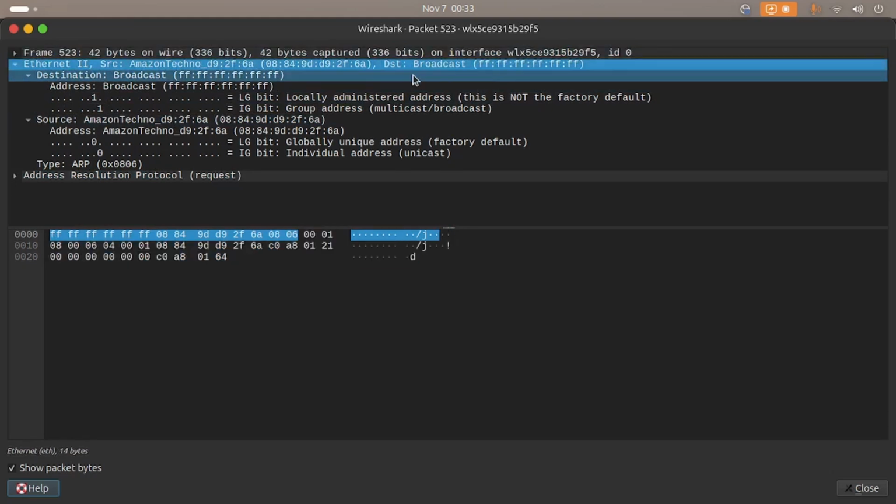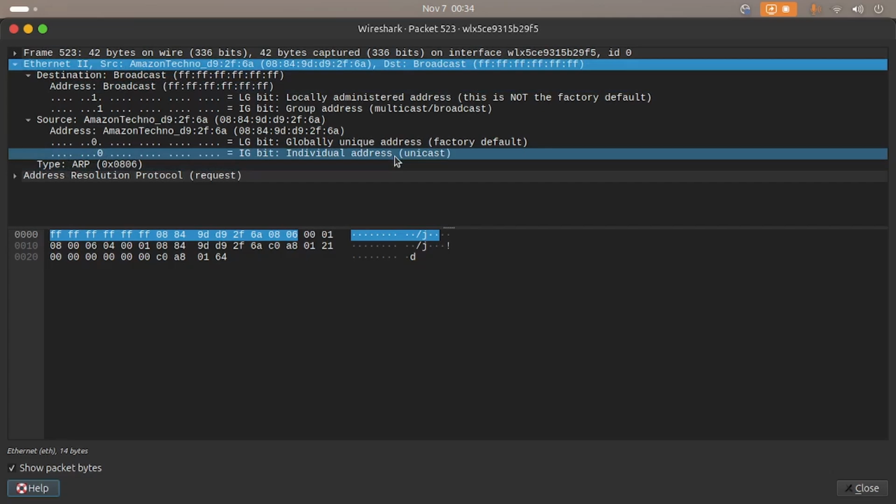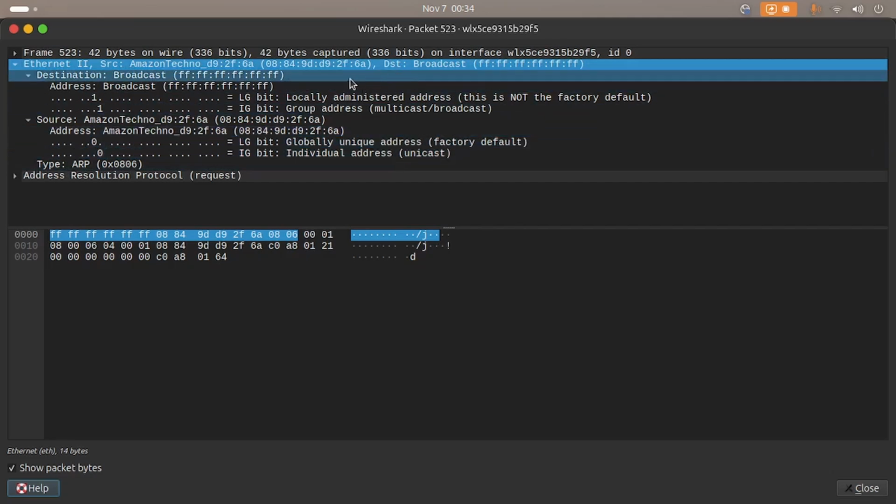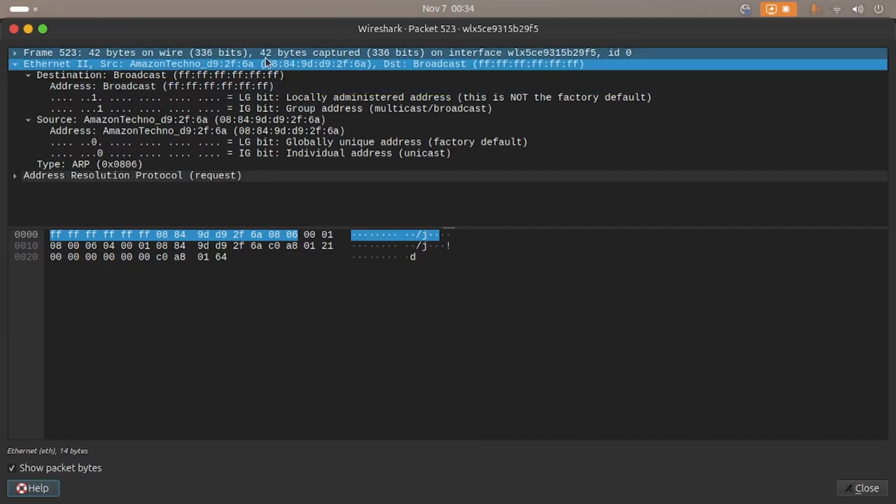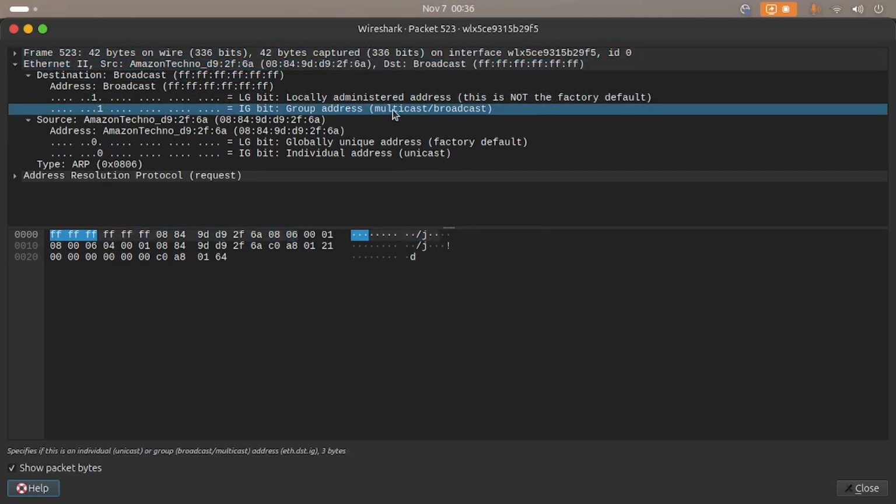The destination is FFFF, meaning all Fs are filled in, all Fs for broadcast, because it will go to each and every machine present on the network. And then this is the IP address of the source. It's saying Amazon Techno D92F6A. See, multicast is also visible here.